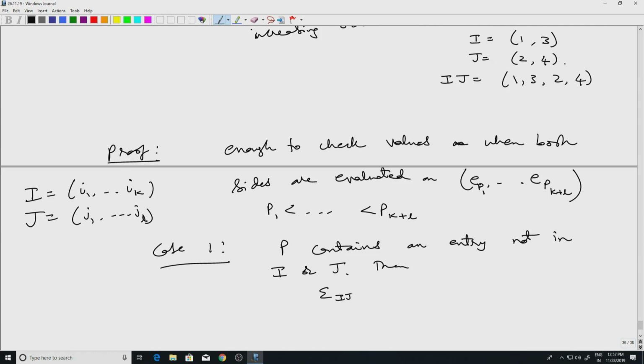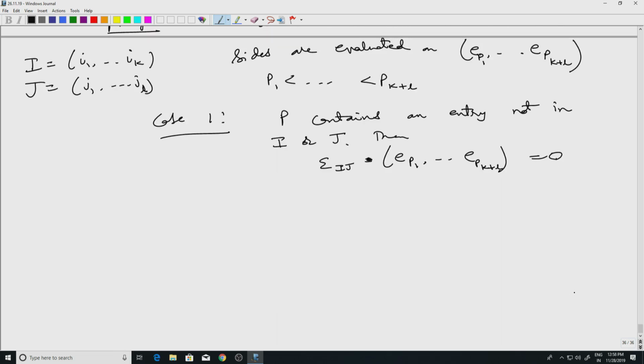Epsilon IJ evaluated on e_P1 up to e_P(K plus L) equals 0, because this is just the determinant of the one forms coming from I and one forms coming from J, evaluated on these vectors, and since we are working with the dual basis, one gets this immediately. So this is by definition of epsilon IJ.